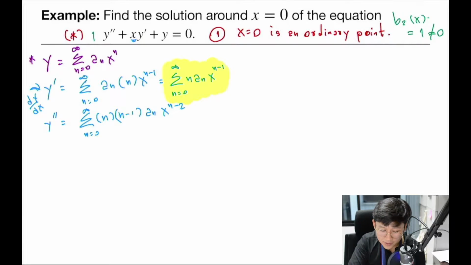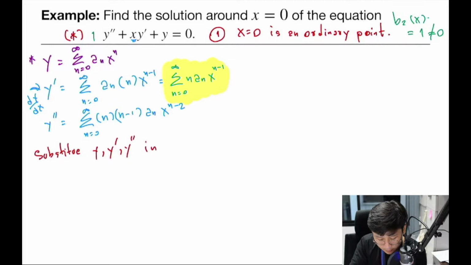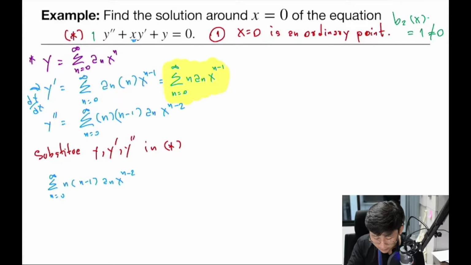Next we are going to substitute y prime and y double prime into equation star. So what would it be? It would be the summation from n equals 0 to infinity of n times n minus 1 times a_n x to the n minus 2, and that is y double prime.